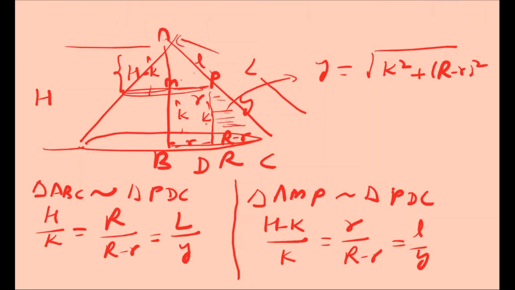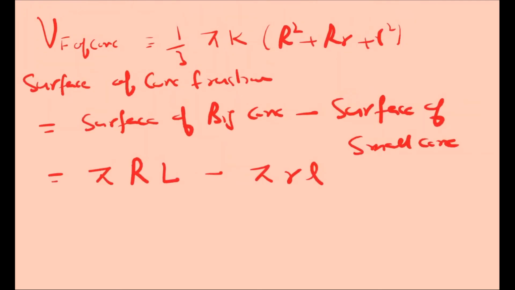Okay, now from this ratio, we can find again that formula in terms of y and in terms of r. Now we know the value of r, but we don't know the value of capital R, and also we don't know the value of small r.